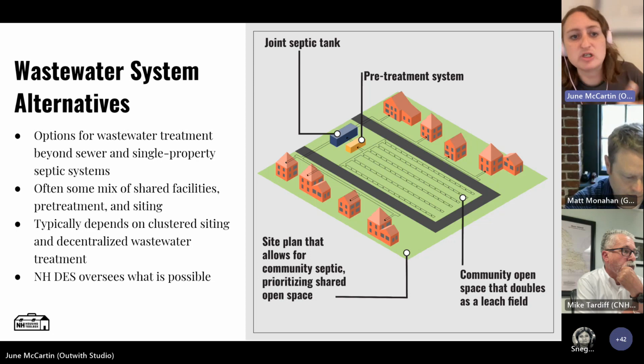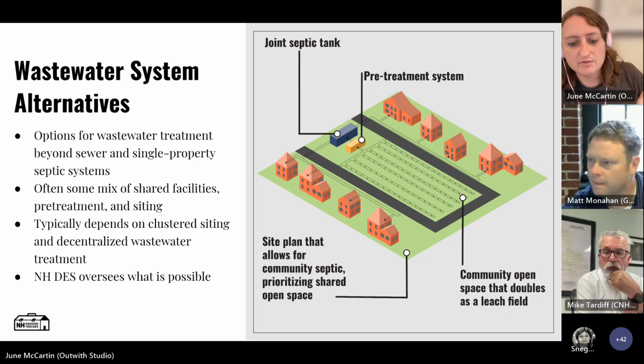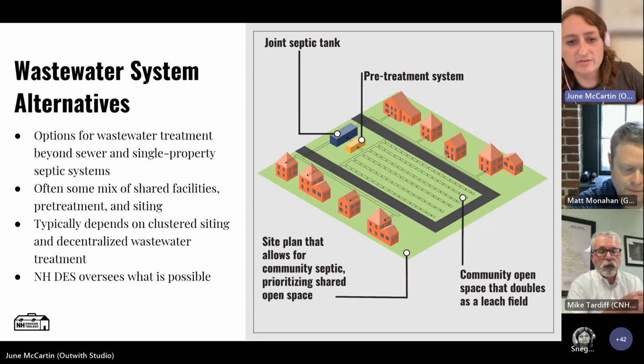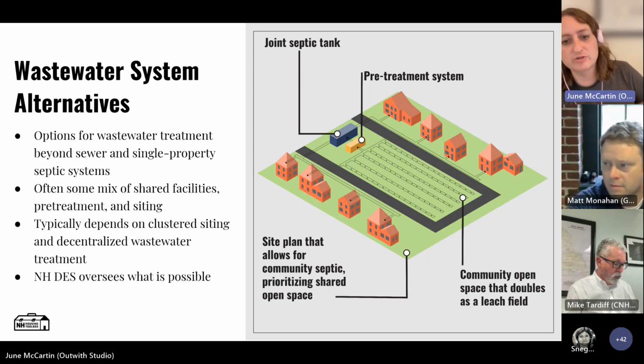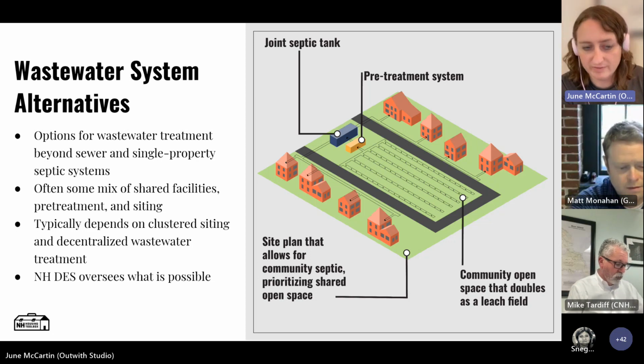And then pre-treatment, having what's called an innovative alternative device to treat the wastewater before it gets put into a leach field, which would increase the capacity of the leach field available.